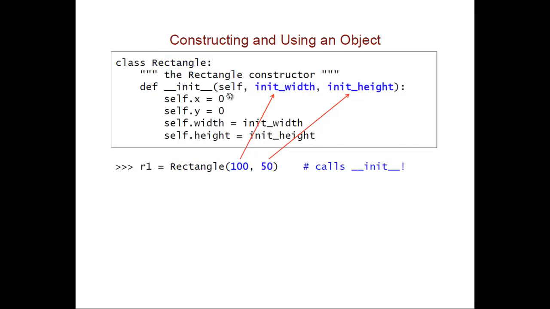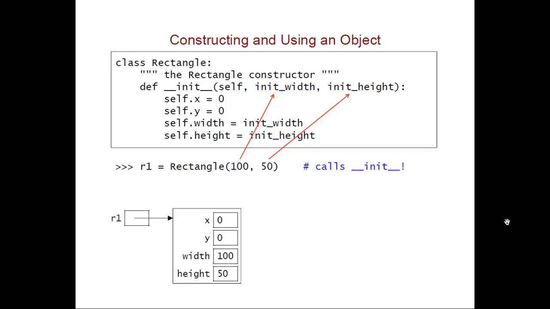We don't actually specify a parameter for self, but we do have to specify a value for any other parameters of the constructor. So in this case, 100 is getting passed in and assigned to init width, and 50 to init height. And so after the constructor is done, we will end up with this rectangle object.